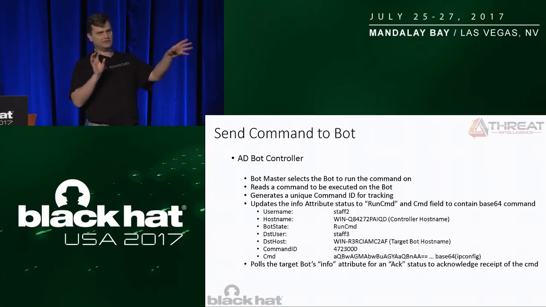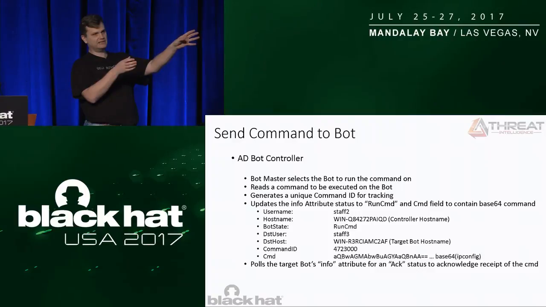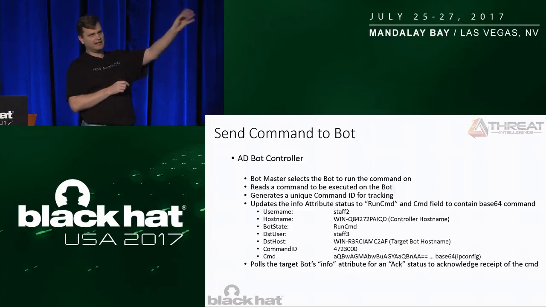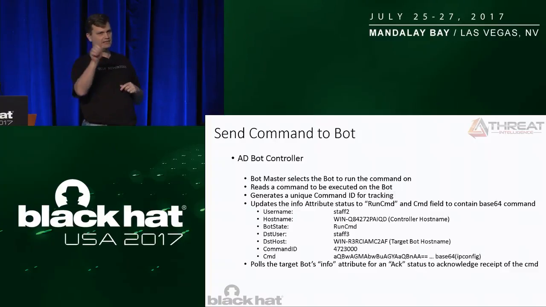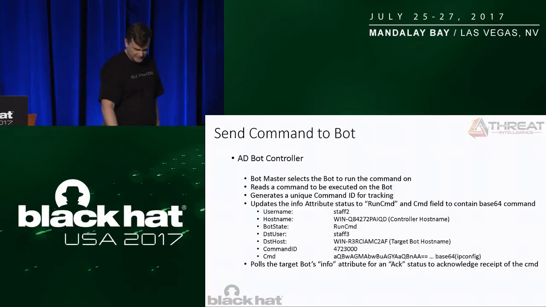Each of the other nodes will be polling AD, looking for commands directed towards them. And if it sees within somebody else's info attribute that they want it to run a command, then it will grab the command from that attribute, run it, and send the command output to that node. So that's basically what happens.